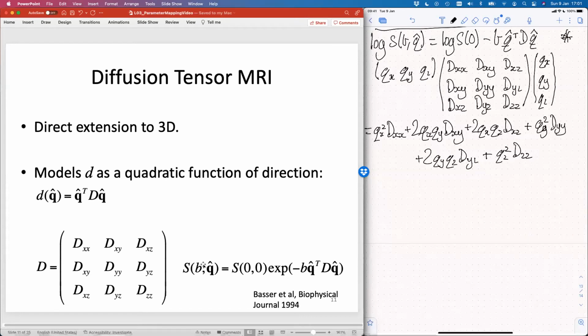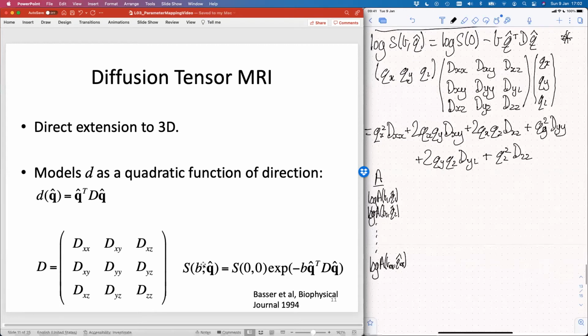So again, our A vector, much like before, is going to be just the log signals: log A of b1, q hat 1, log A of b2, q hat 2, all the way down to log A of b108, q hat 108. So there's our measurement vector.